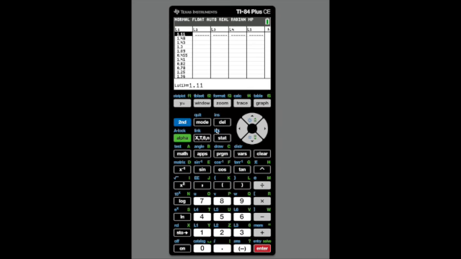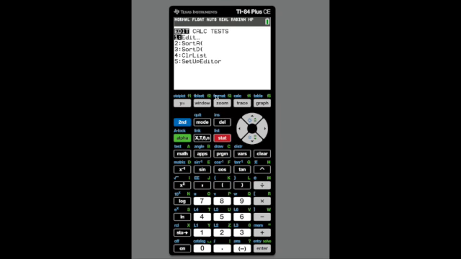Once you have all those values in there, hit Stat again and arrow over to Test. I'm going to go down and choose Z-Interval. I know that we're using a Z-interval because we know the standard deviation for the population. So I'm going to hit Enter on Z-Interval, and this time I'm going to choose Data.